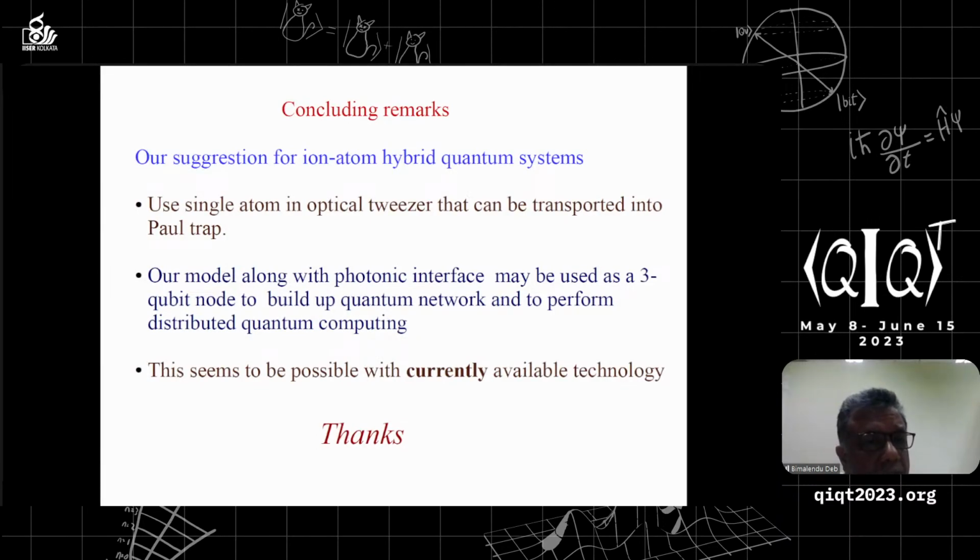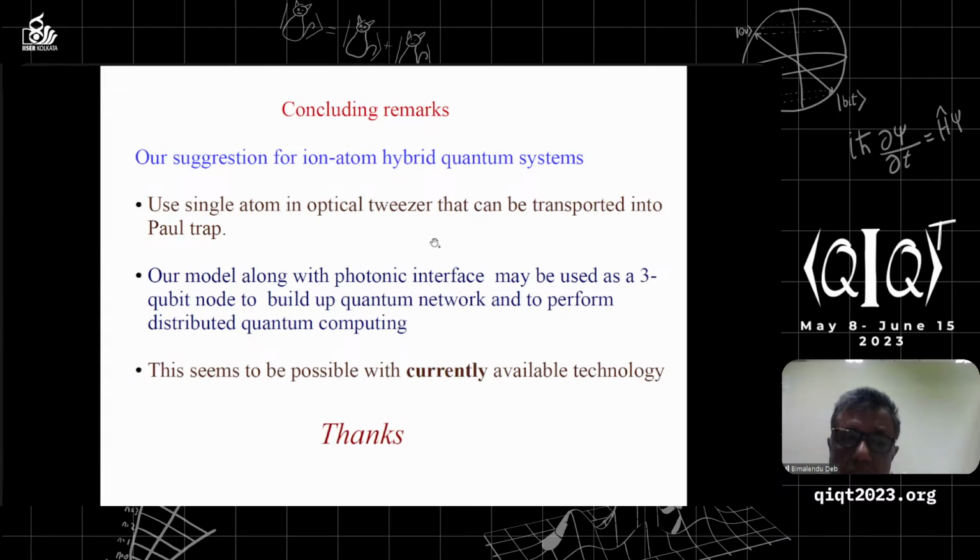So as concluding remarks, our suggestion for ion atom hybrid quantum systems is to use a single atom in an optical tweezer that can be transported into a Paul trap. So our model, along with a photonic interface, may be used as a 3-qubit node.